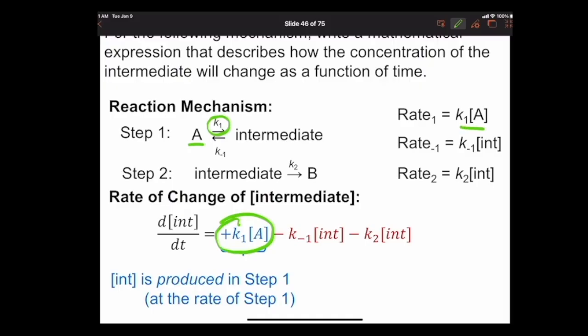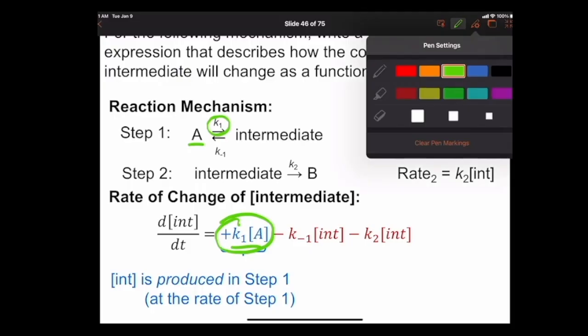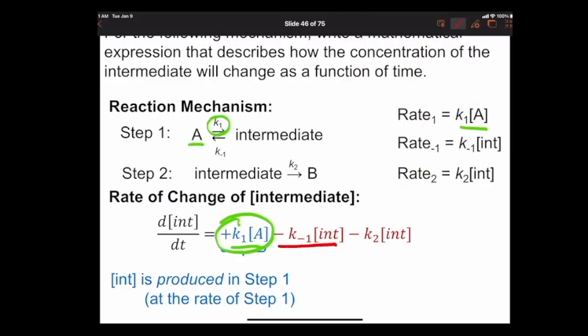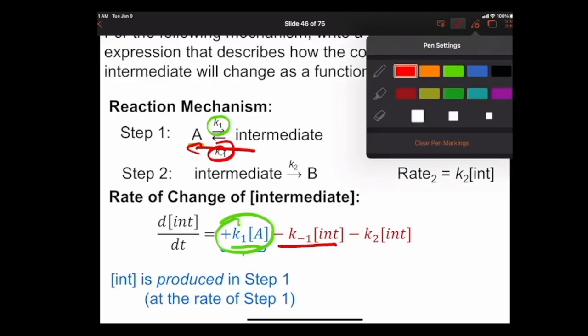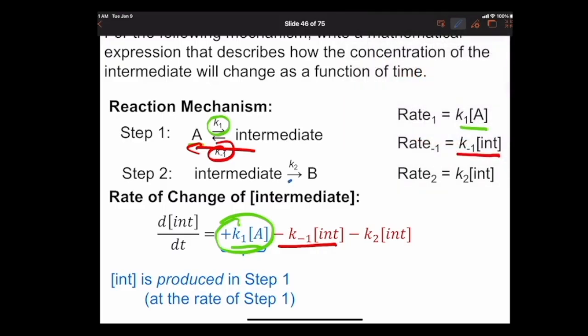I form that intermediate using this first step here. That's K1A. I use up the intermediate here, that's the reverse reaction, going backwards in this direction involving K minus 1. And I use up the intermediate going on to product. That's this third step here.